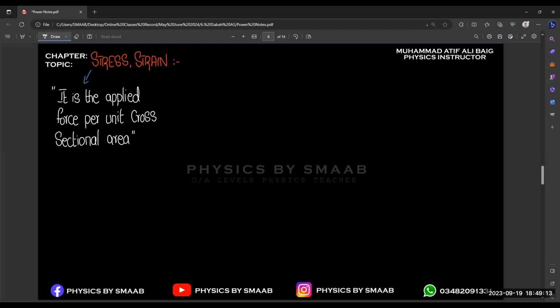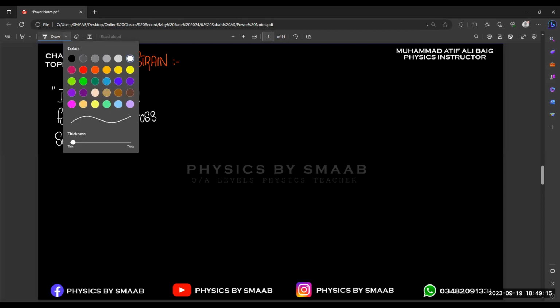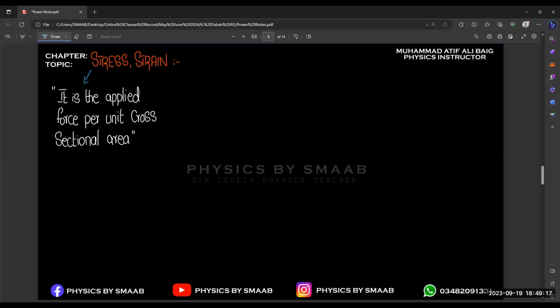Okay. And if you want to know about the formula, the formula will be the same, only the symbol will be different. So we are going to use this sigma sign, and the rest of the quantities are the old ones.